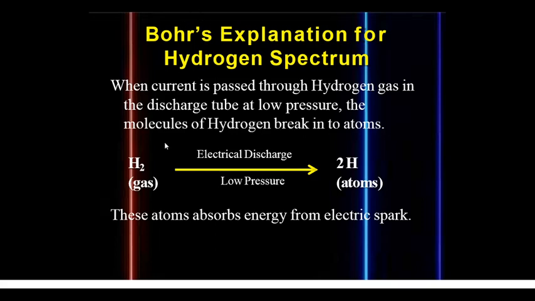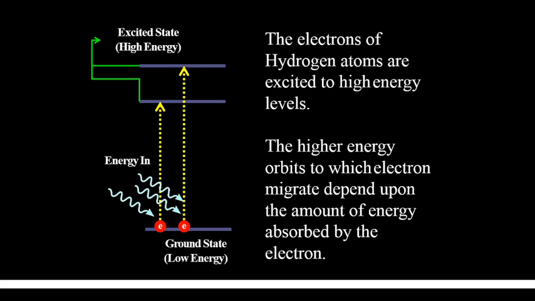Here you can see that H2 gas, on undergoing low pressure and electrical discharge, splits into hydrogen atoms, 2 H atoms. These atoms will absorb energy from the electric spark. What happens to the electrons of the atom?